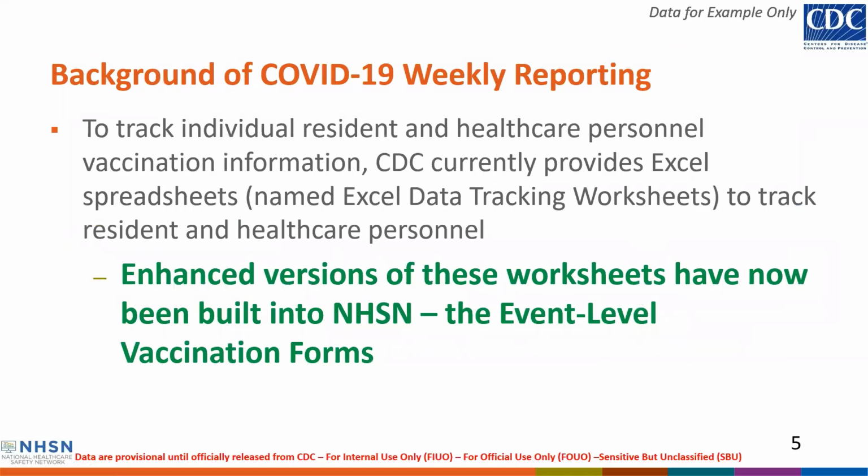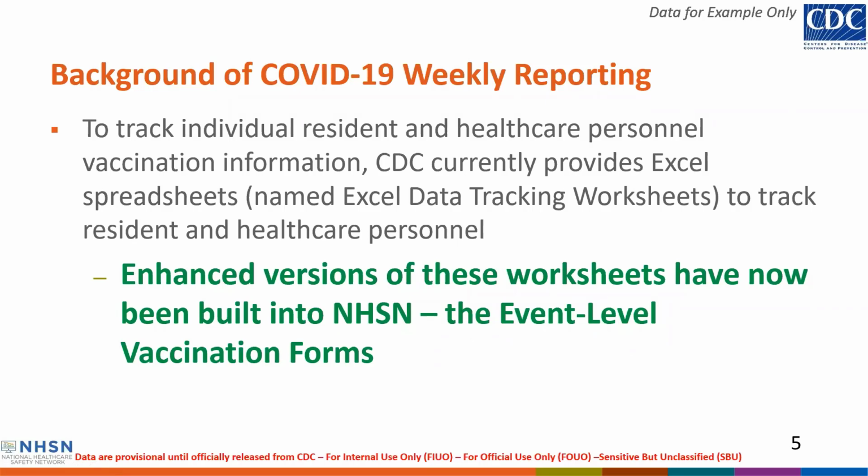Thanks, Heather. And again, like Heather just said, we have previously provided the Excel data tracking worksheet to track the person level information on residents and healthcare personnel. And what we essentially did here was build those Excel worksheets into NHSN. So more of the process will be automated for you. And we're considering these to be enhanced versions of the data tracking worksheets that allow you to track the individual person information.